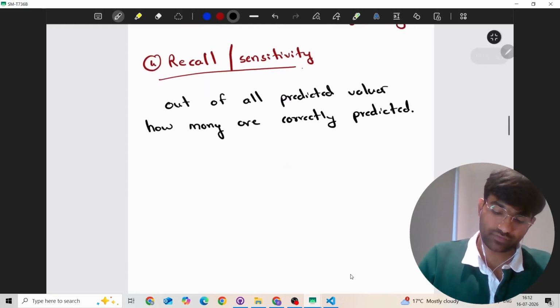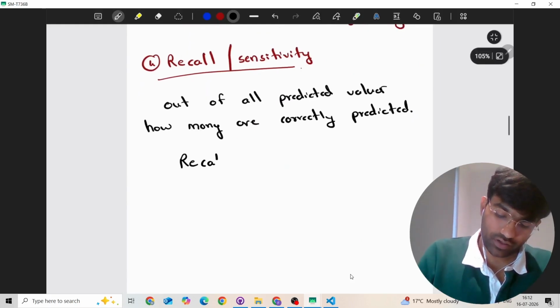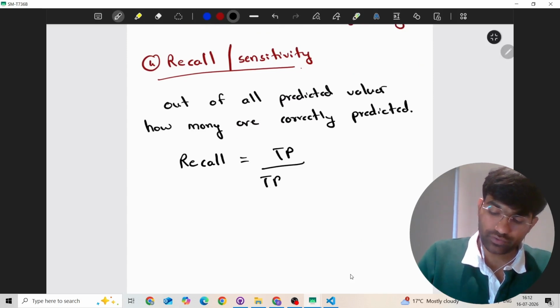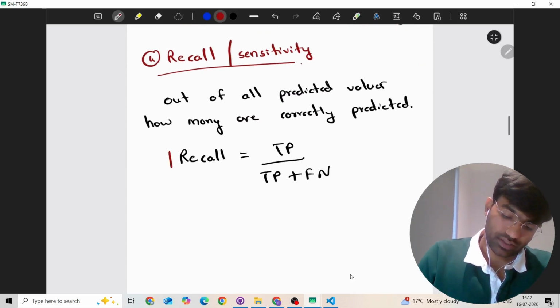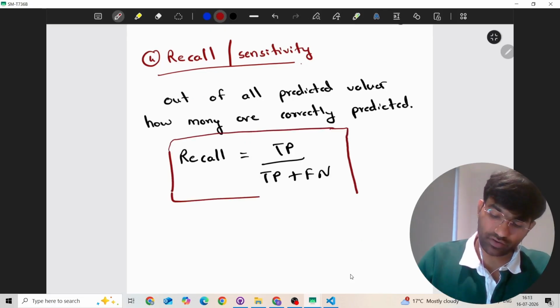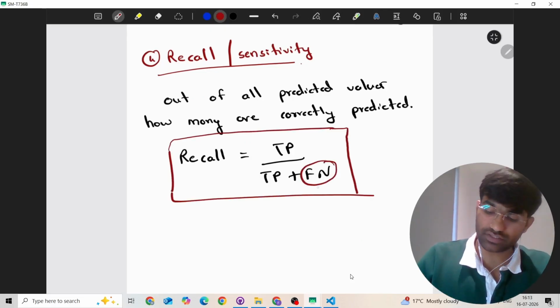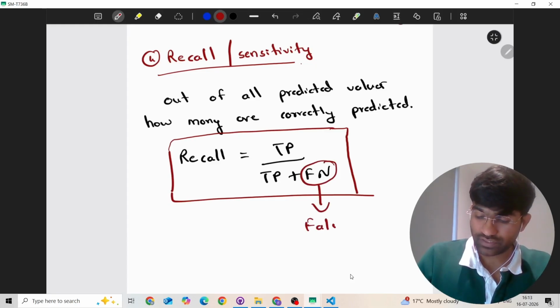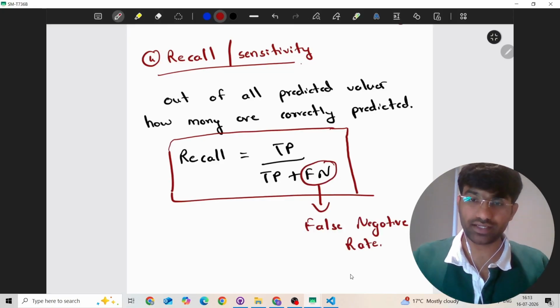What is the formula for recall? Recall equals true positive divided by true positive plus false negative. In precision, we used false positive, but in recall, our focus is on the false negative rate. False negative rate is important in recall.